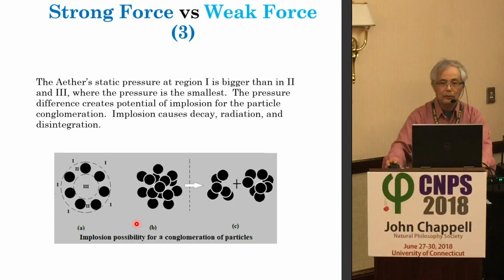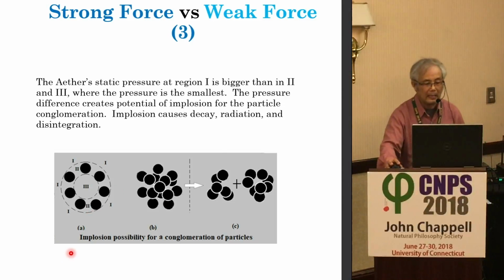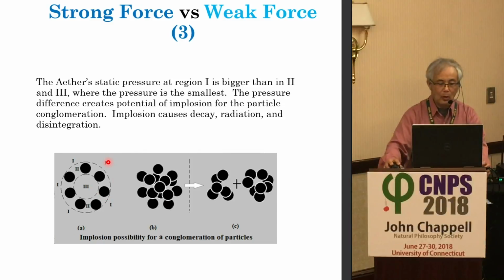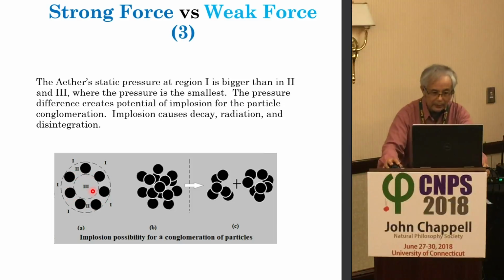If we have a nucleus, for example, or some marble, whatever, forming a circle like this, according to our previous analysis, the intrinsic pressure at region 1 should be bigger than at 2. 2 is weaker. 3 is even weaker because it is surrounded by so many particles.